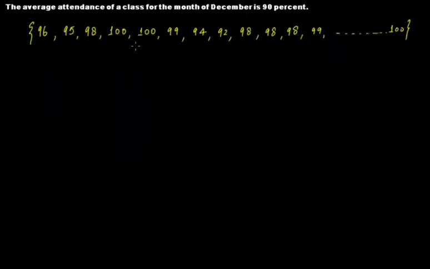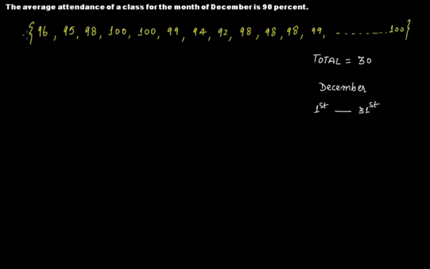In this case, the average attendance of a class for the month of December is 90%. Again, assume that the total strength of the class is 30. We are talking about the month of December, starting from 1st of December till 31st December.